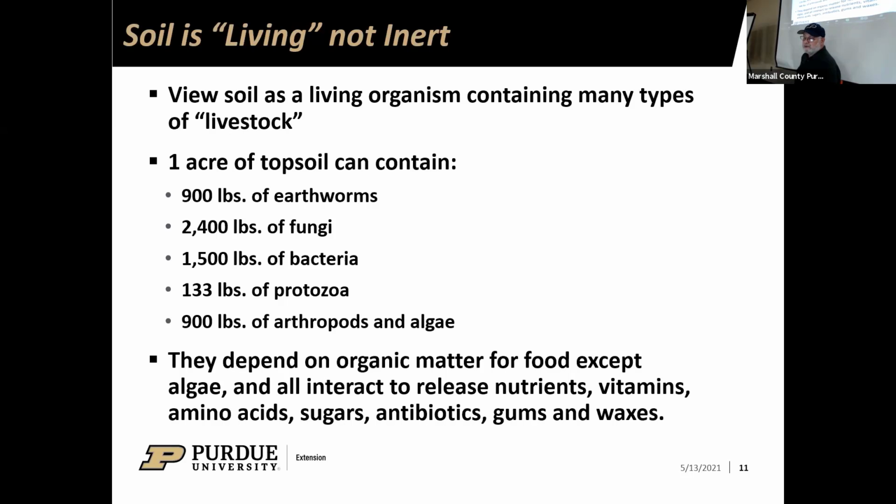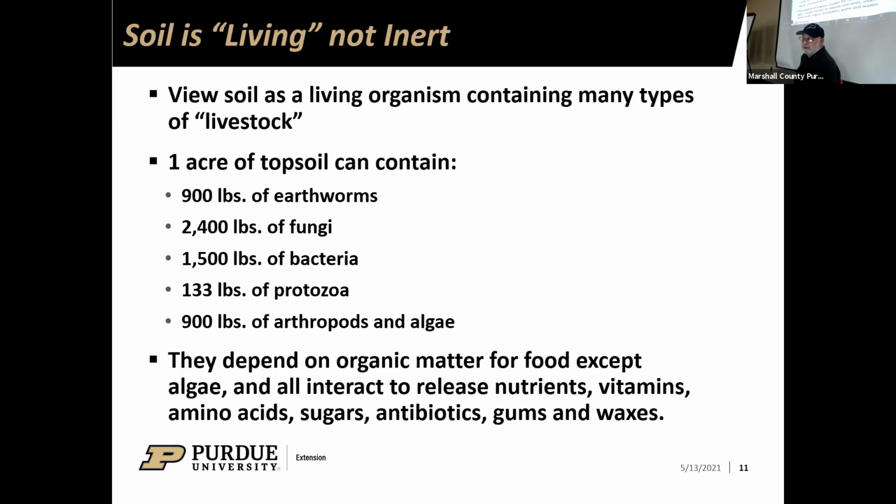Just quick numbers. 1 acre of topsoil contains 900 pounds of worms, 2,400 pounds of fungi, 1,500 pounds of bacteria, 133 pounds of protozoa, and 900 pounds of arthropods and algae.